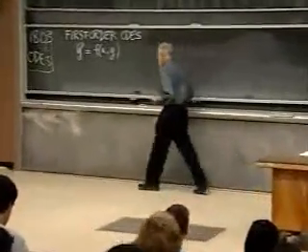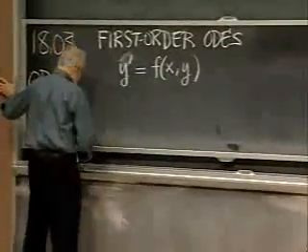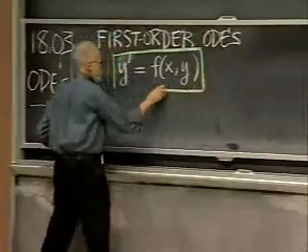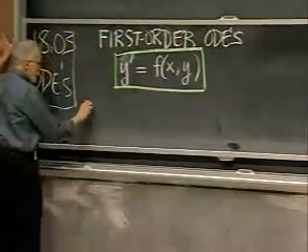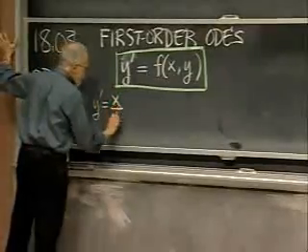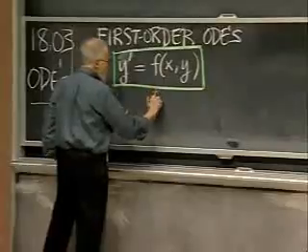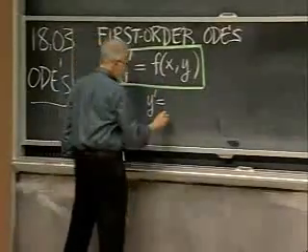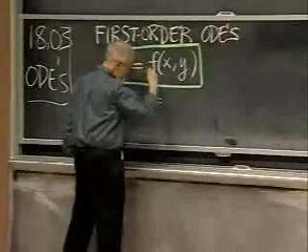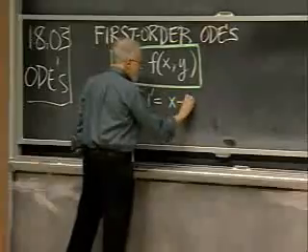So, for example, some of the ones that will be considered either today or in the problem set are things like y prime equals x over y. That's pretty simple. The problem set has y prime equals, let's see, x minus y squared.